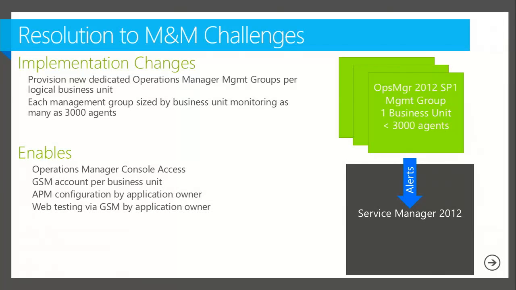They're actually using these features in great amounts, and it's benefiting their businesses. All those operations manager management groups still feed into our single service manager instance. From a logistical point of view, having a tier 1 team look at multiple service manager consoles just wasn't feasible. So we're continuing to use just a single service manager.